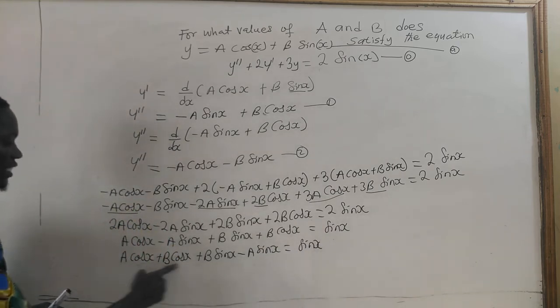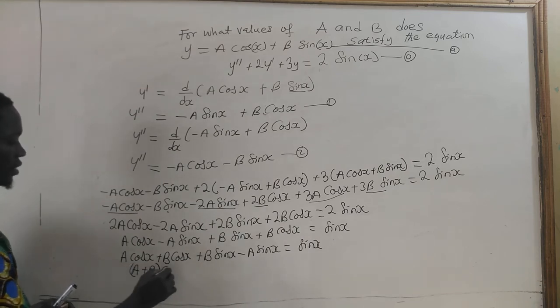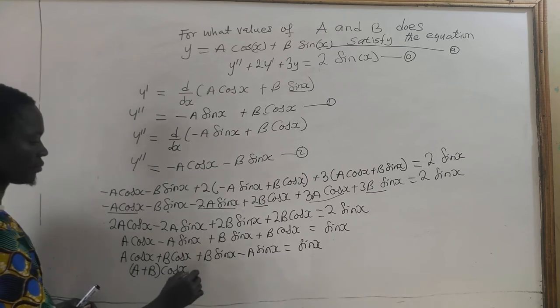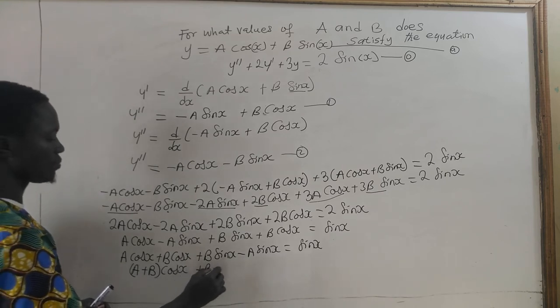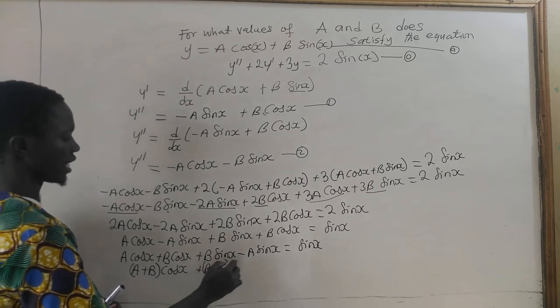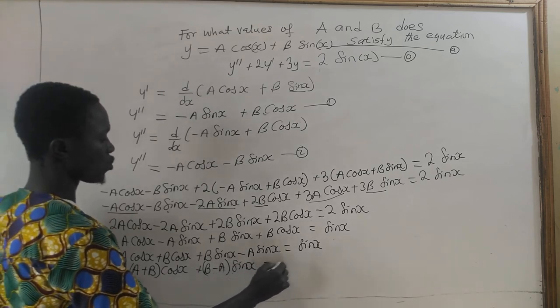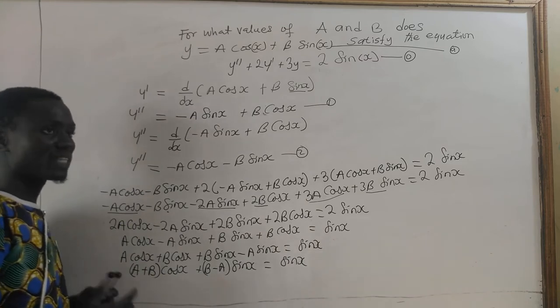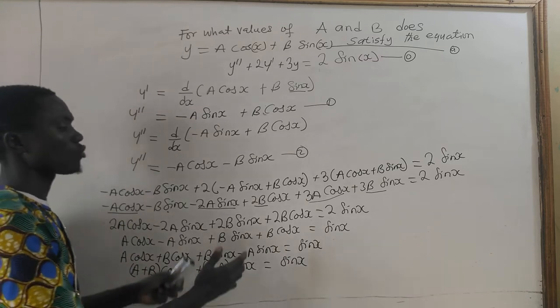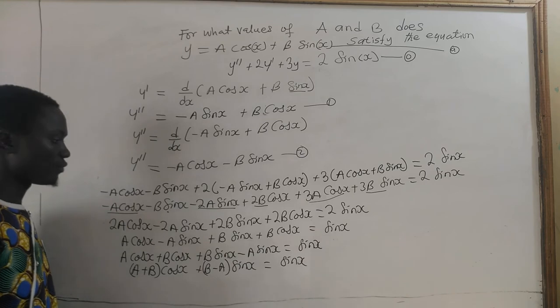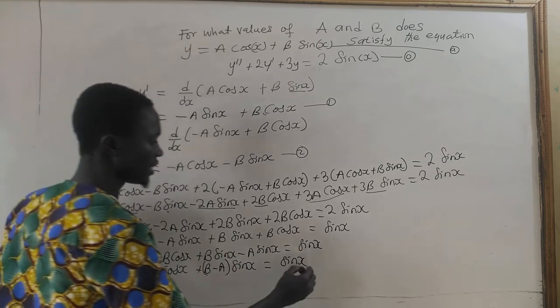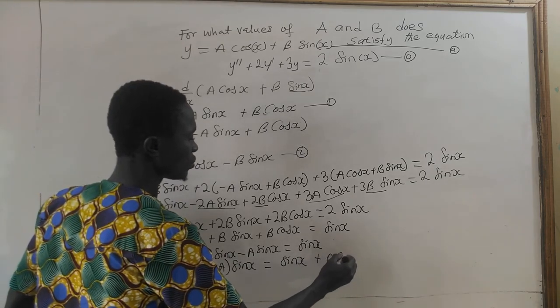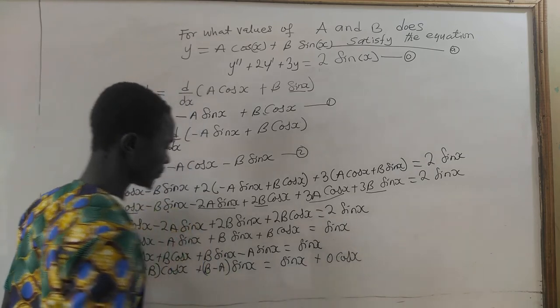Now here we can factorize the cosine term out. So I have A plus B times cosine of x plus B minus A times sine of x equal to sine of x. Now what is left is that we have to compare coefficients. Remember that here we can add plus 0 cosine of x.